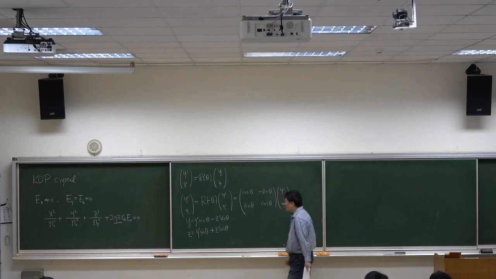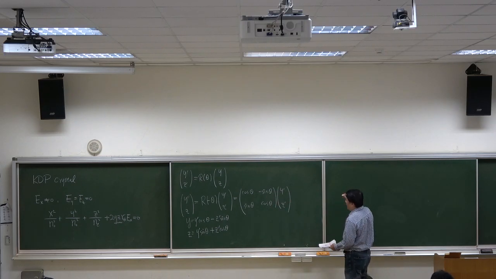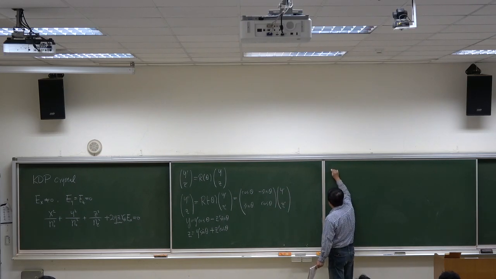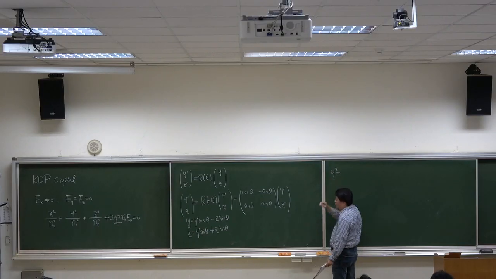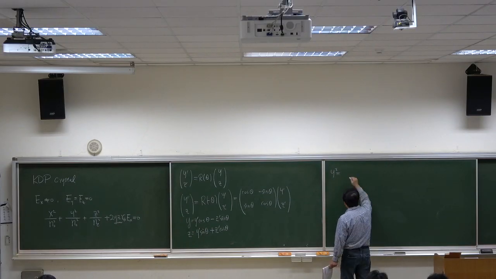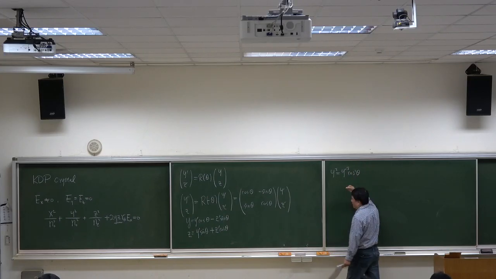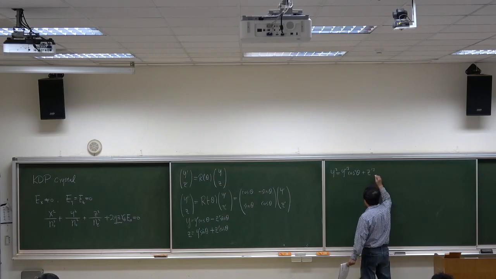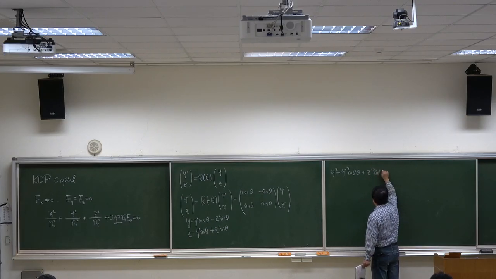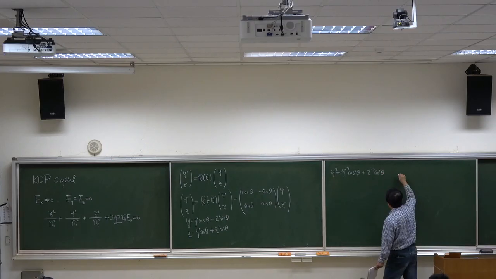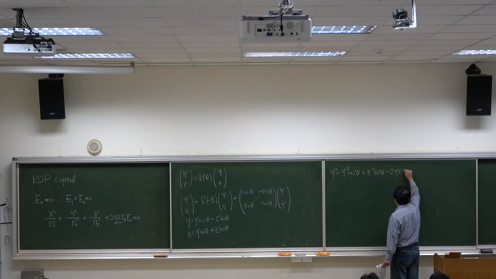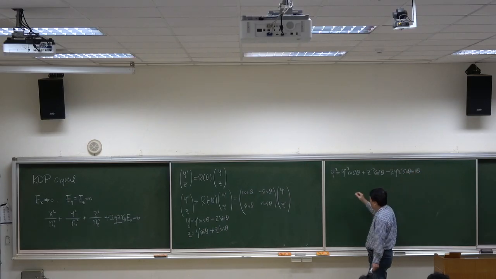Okay, so now we have y squared equal to y prime squared cosine squared theta plus z prime squared sine squared theta minus 2 y prime z prime sine theta cosine theta.